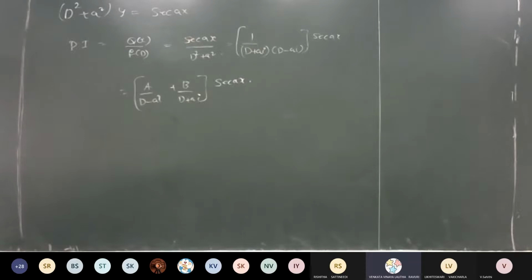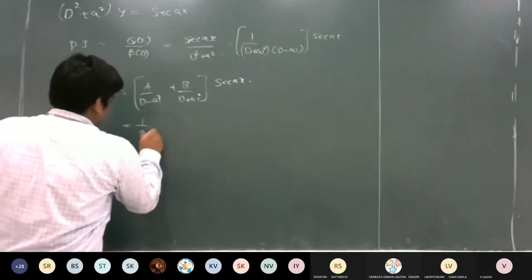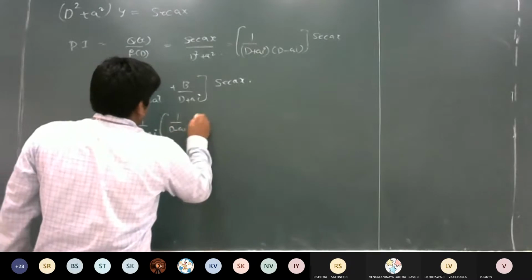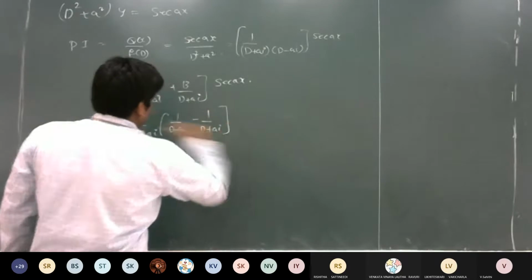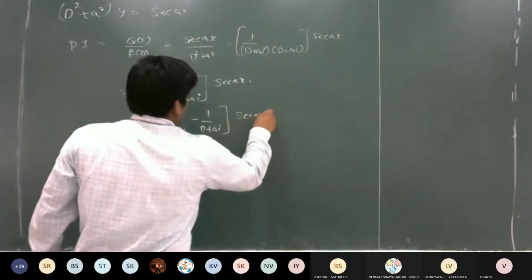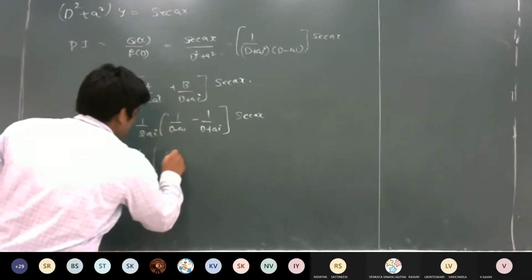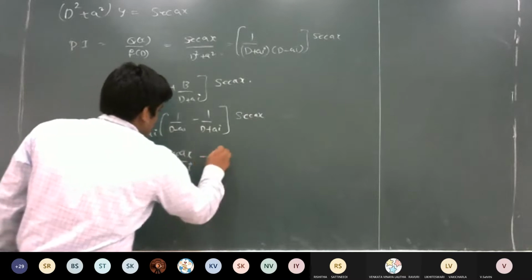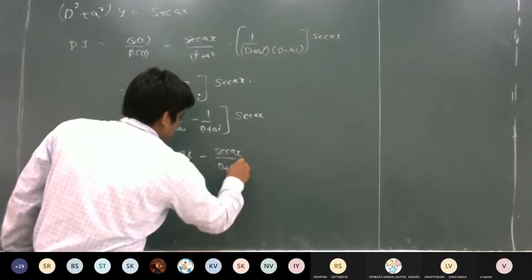So that is 1 by 2ai times [1 by (D − ai) minus 1 by (D + ai)] into sec ax. So that is equal to 1 by 2ai times [sec ax by (D − ai) minus sec ax by (D + ai)].